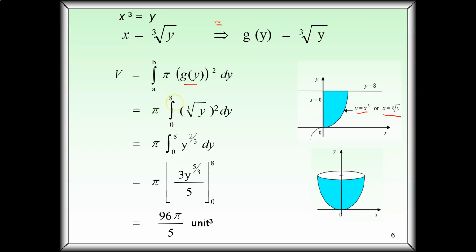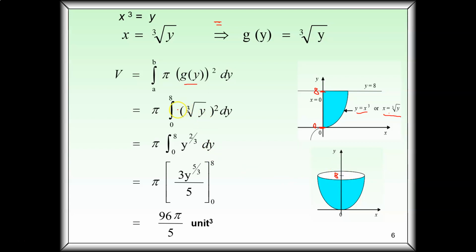How do you know to start from 0 until 8? Because this is the one. When you sketch the graph, this is the limit of the integration, from 0 until 8. The area is bounded from 0 to 8. It is bounded here. Okay, so they start from 0 until 8. This is 8 over here.